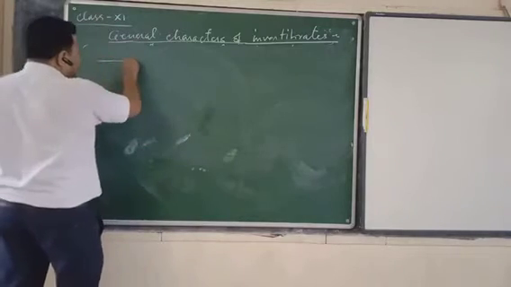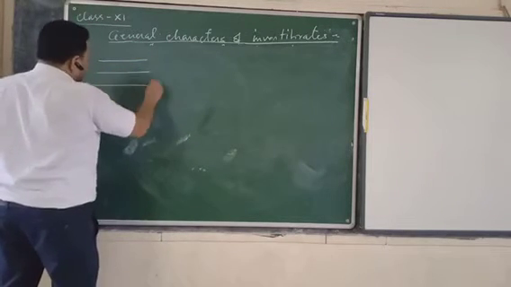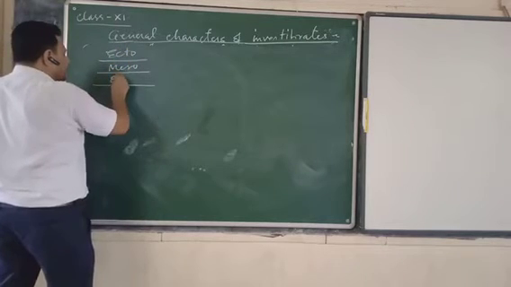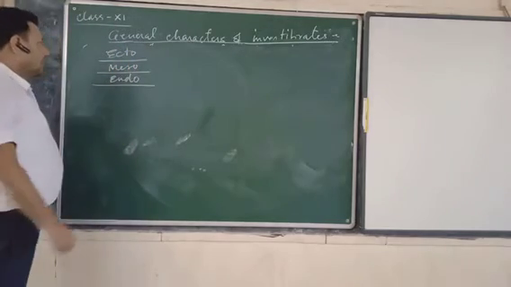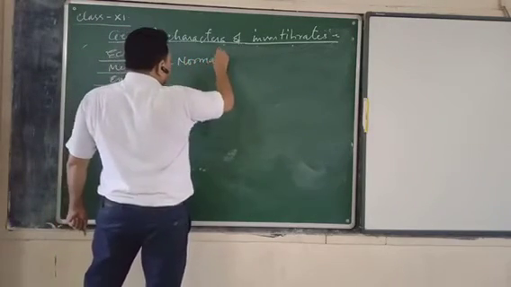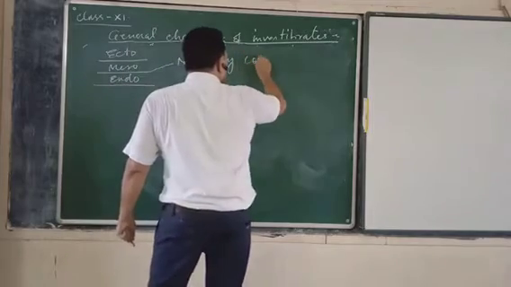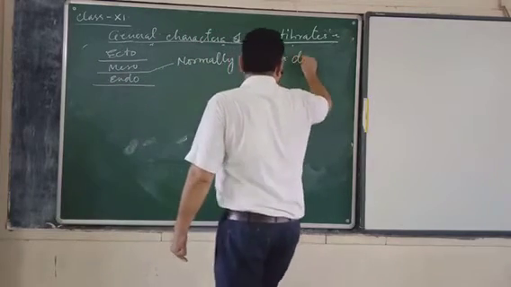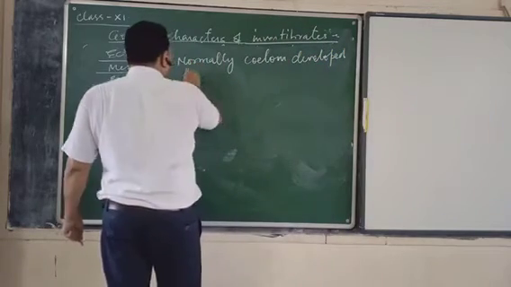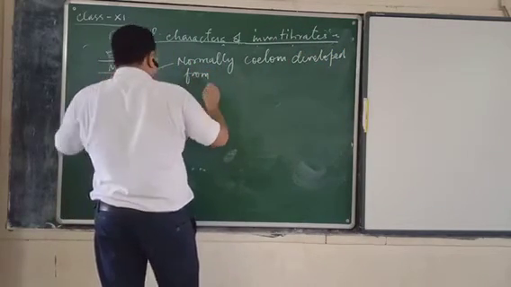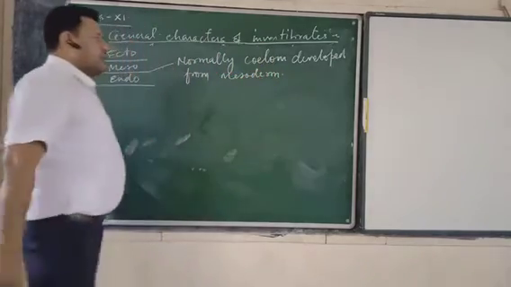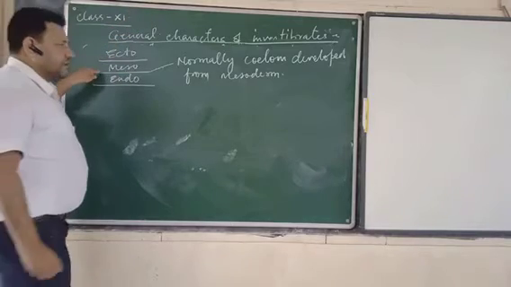As I told you about these 3 layers, ecto, meso and endo. Normally, coelom is developing from mesoderm.